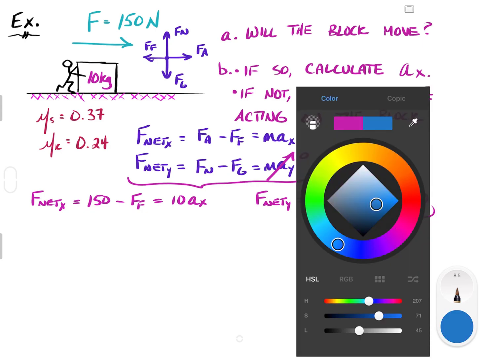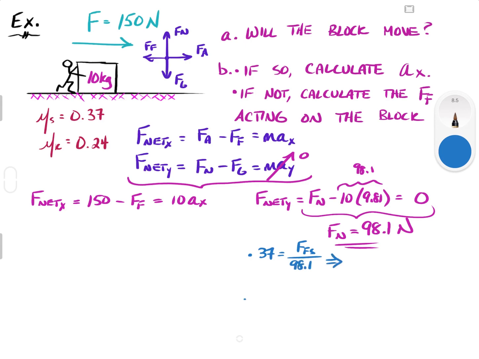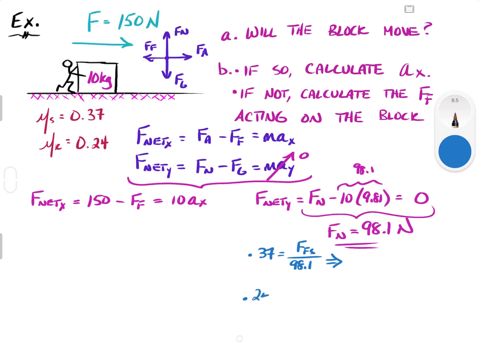Remember, the connection here is the coefficient. So I'm going to maybe slide down here, and I'm going to do the static coefficient first. So I'll say 0.37 equals the static friction over my normal force, which is 98.1. And let's look at my kinetic afterwards. So 0.24 is the kinetic friction over the normal force.